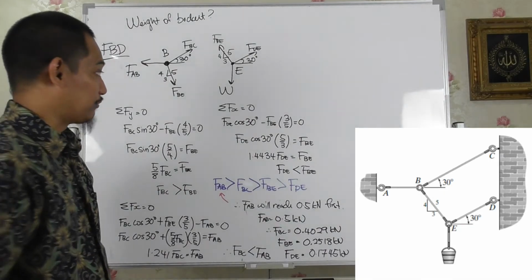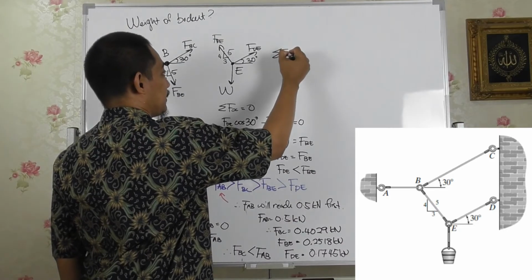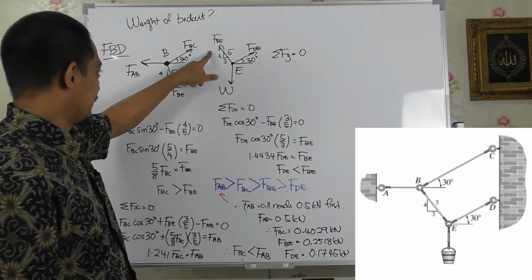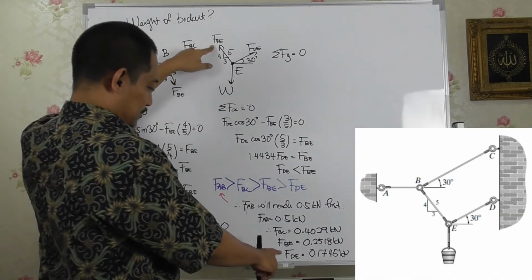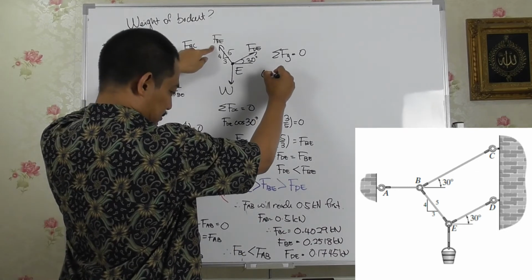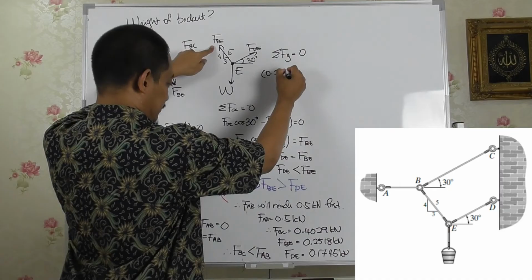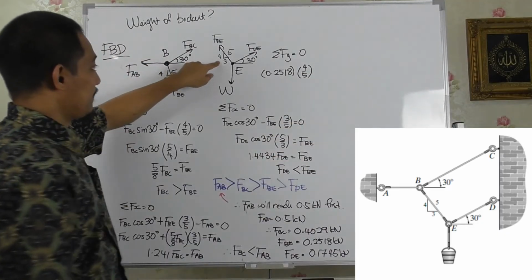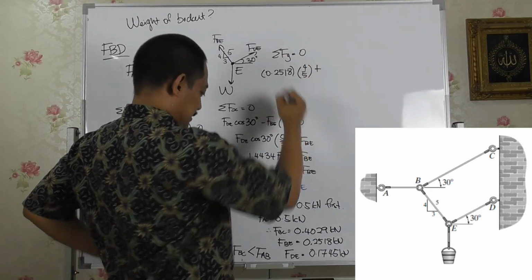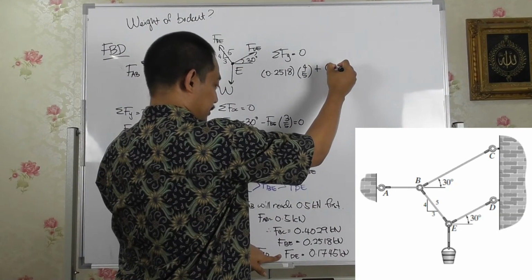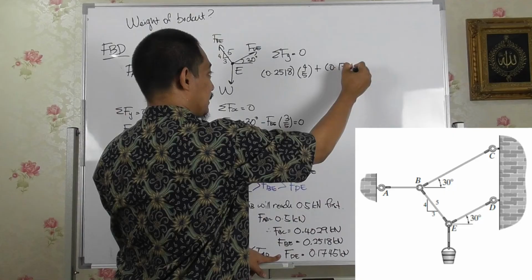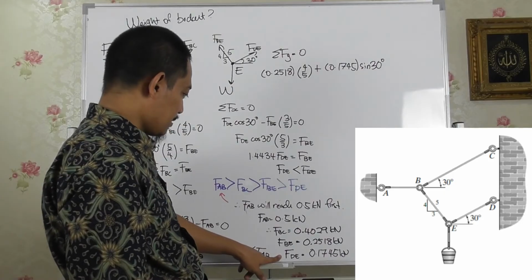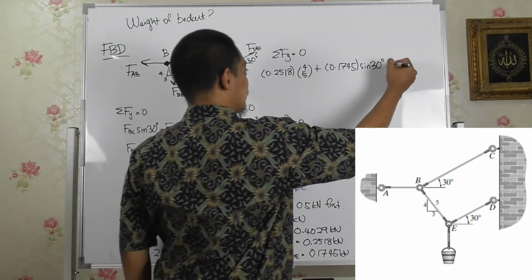We need to do another equation that we haven't done yet, which is summation of Fy equal to 0. Right now we know all the values already, so we can straight away plug in. FBE is this one, 0.2518 times 4/5, and then plus FDE is this one, 0.1745 sine 30 degrees, minus W equal to 0.